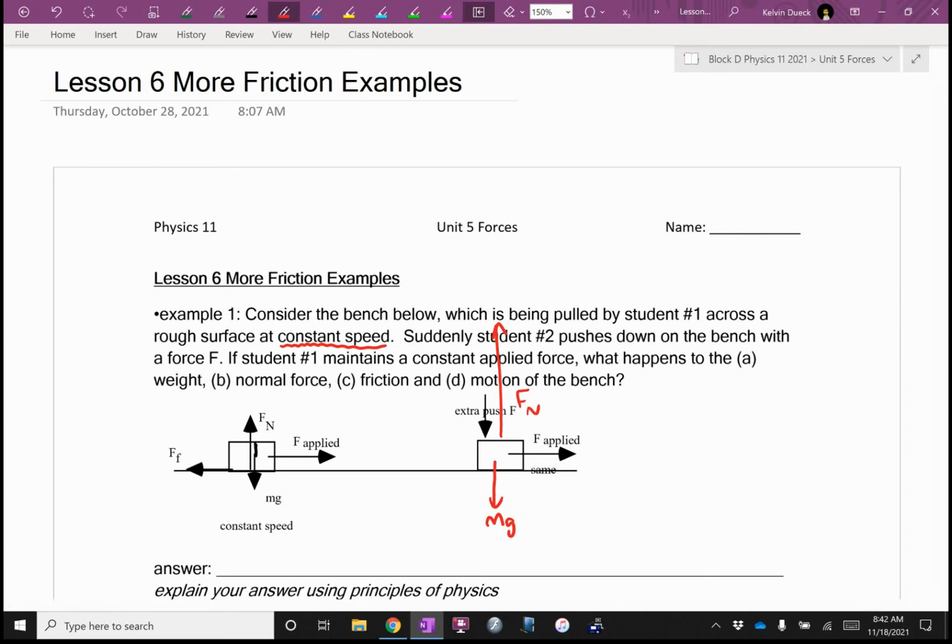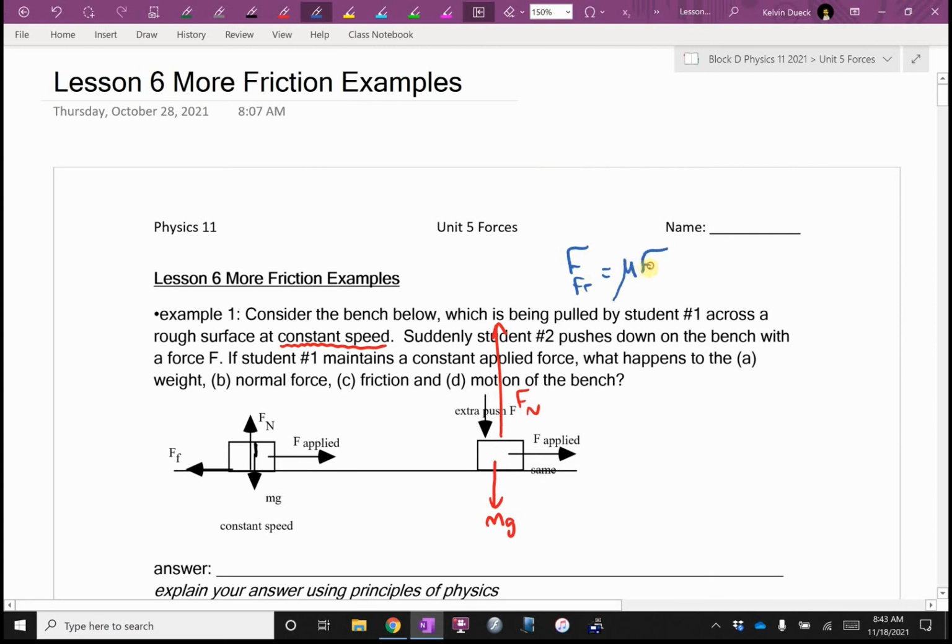What if instead of sitting on it, what if Gershine came along and actually lifted up a little bit as Ange was pushing it? What would happen to the normal force? Be smaller. Okay? What happens to the force of friction in this situation? Well, what was our equation for friction? Friction equals what times what?